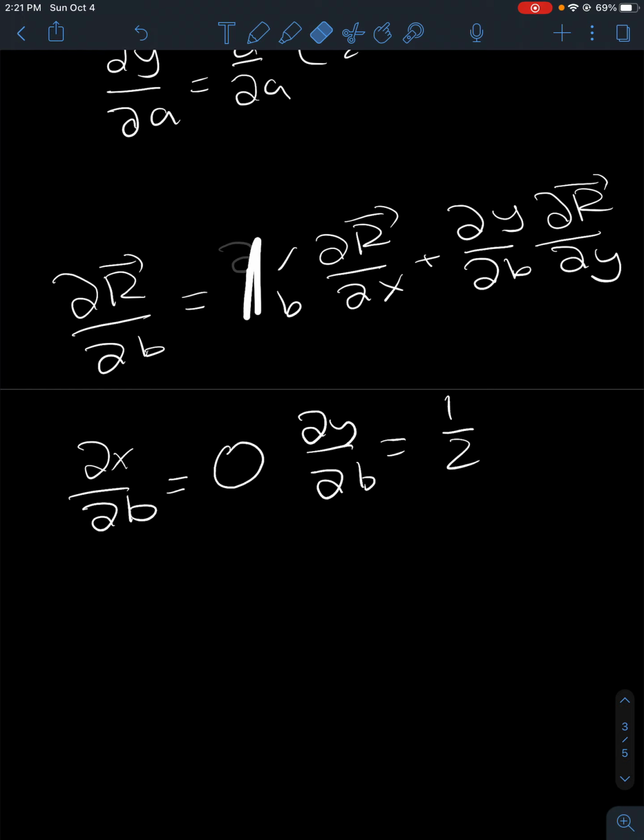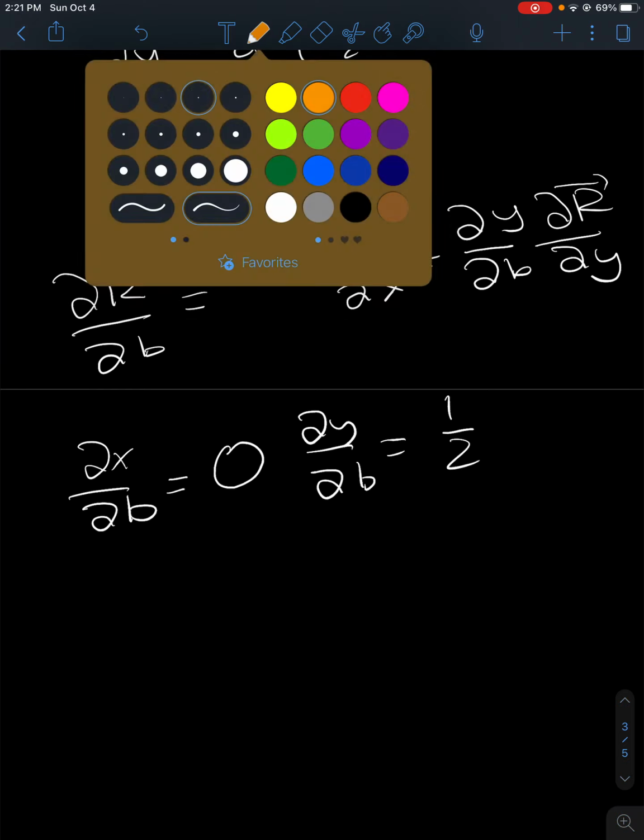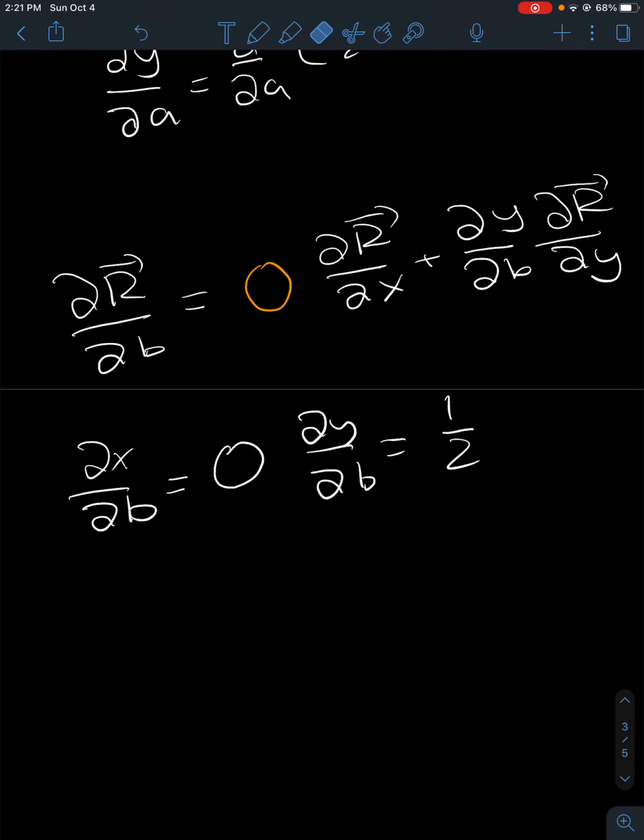So we get 0 and 1/2. Right, now, do we have to solve for these as well? No, we don't solve for them. These are the vectors themselves. Those are the actual vectors.